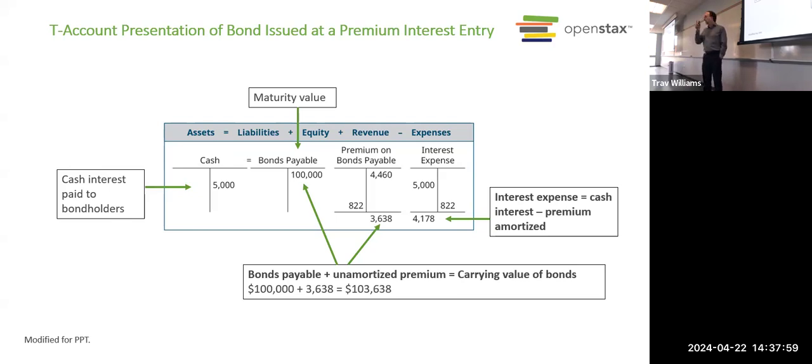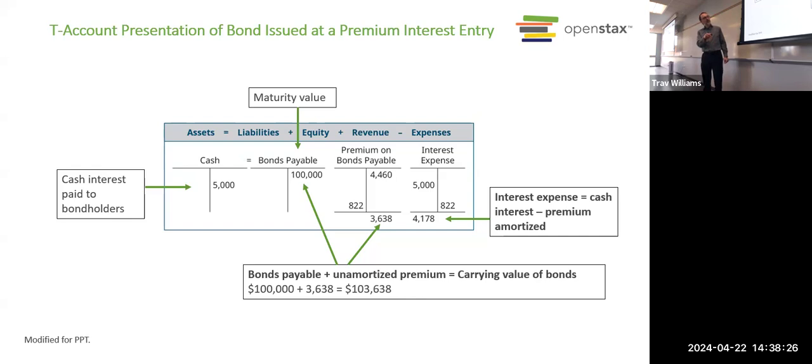So in this case, when we paid out the interest, remember it was $100,000 face value and it was a 5% stated interest rate, right? So we paid out $5,000 of cash to the investors. That's their interest. We still have a $100,000 bond payable because we're not going to pay it back until the bond matures.